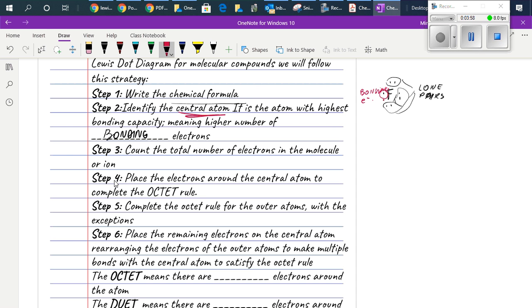Usually if carbon is there, carbon is the highest one, with 4 bonding electrons. So if carbon is there, then carbon is the central atom. Then we will calculate the total number of electrons in the molecule or in the ion, and then we'll place the electrons around the central atom.